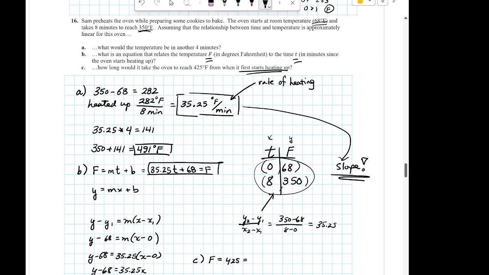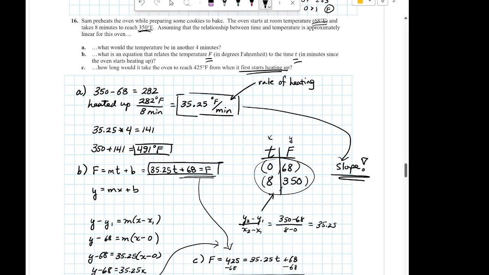So if we set that up in our equation, we could use this one or this one. It doesn't really matter. But this one already has F by itself. So F is 35.25T plus 68. So if I solve that, let's subtract 68. So then we're going to get, let's see, what's 425 minus 68?